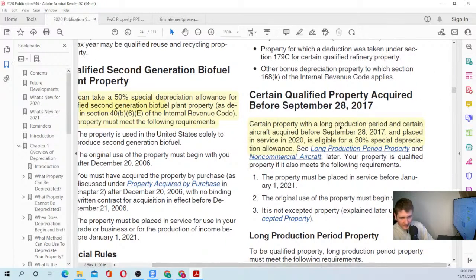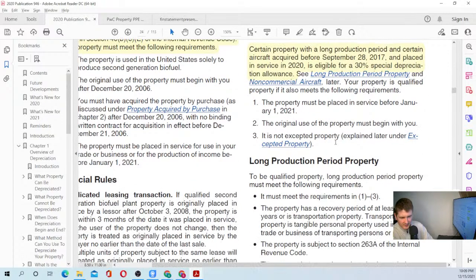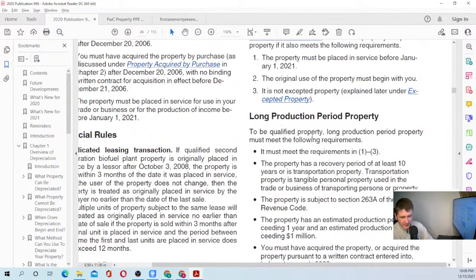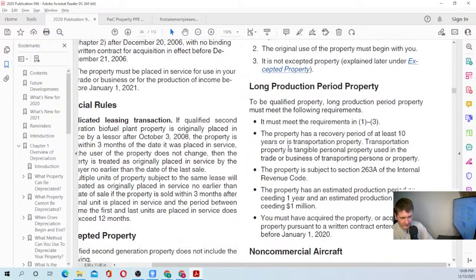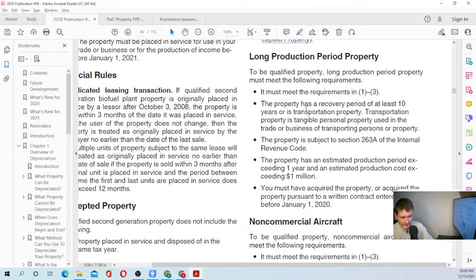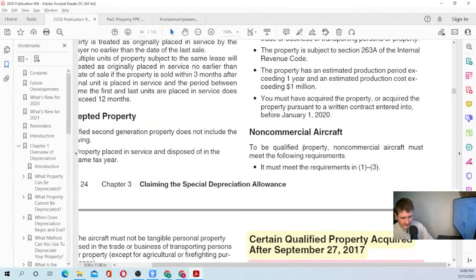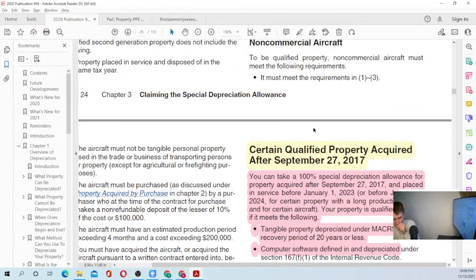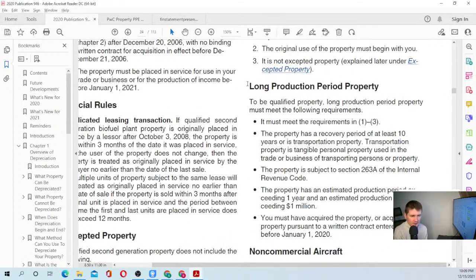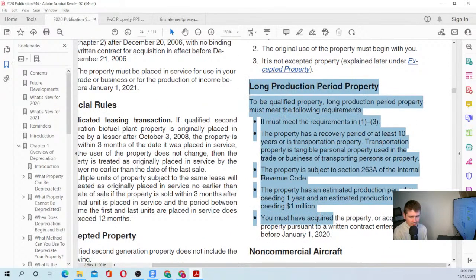Certain property with a long production period and certain aircraft acquired before September 2017. Long production period property. So let's just add it here.